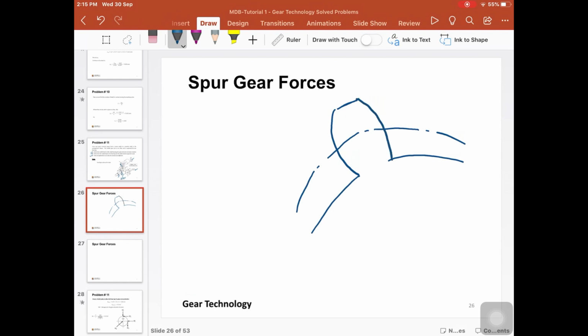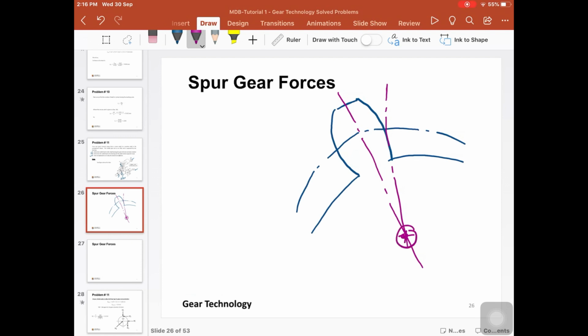Okay, so in this case, if I connect this to the center line of the gear, okay, this is the center point of this gear.